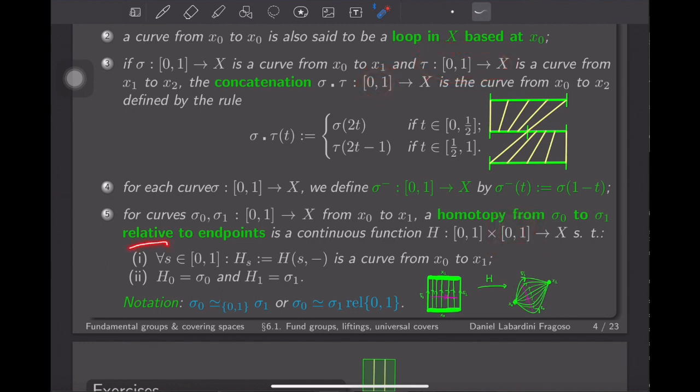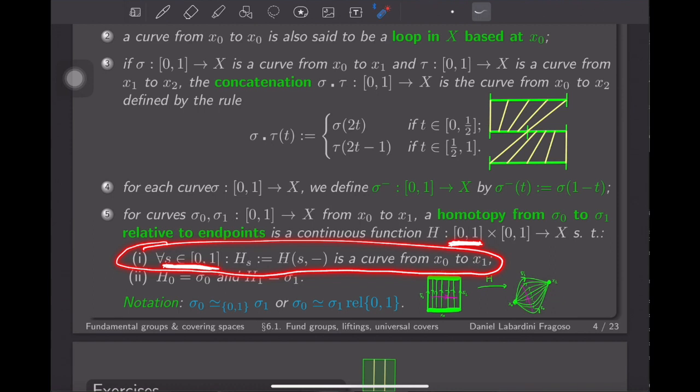And so the first condition, thinking in those terms, thinking that the first coordinate is time, says that at every point in time, h at that time is a curve from x0 to x1.